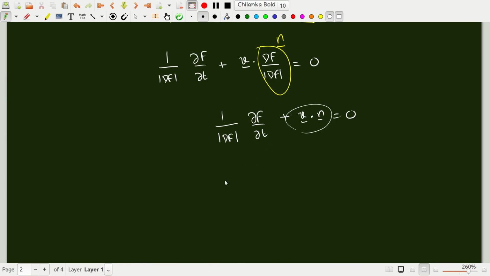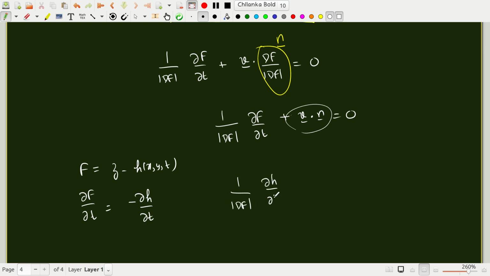So what is this equation saying? That if I write, suppose f is z minus h of x, y, t, right, then ∂f/∂t, z is a coordinate variable, so it's independent of time, is minus ∂h/∂t. Okay, so if I substitute this, then I take it to the other side, then I'll get 1 over mod grad f ∂h/∂t is equal to v dot n.